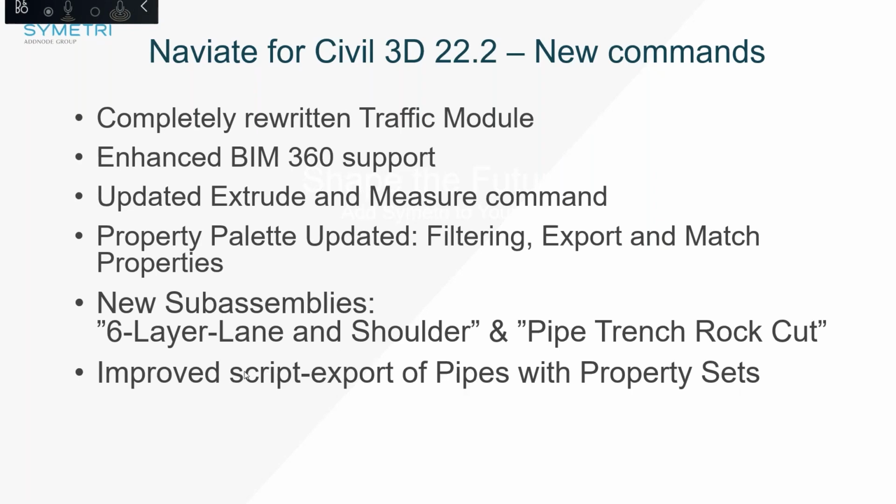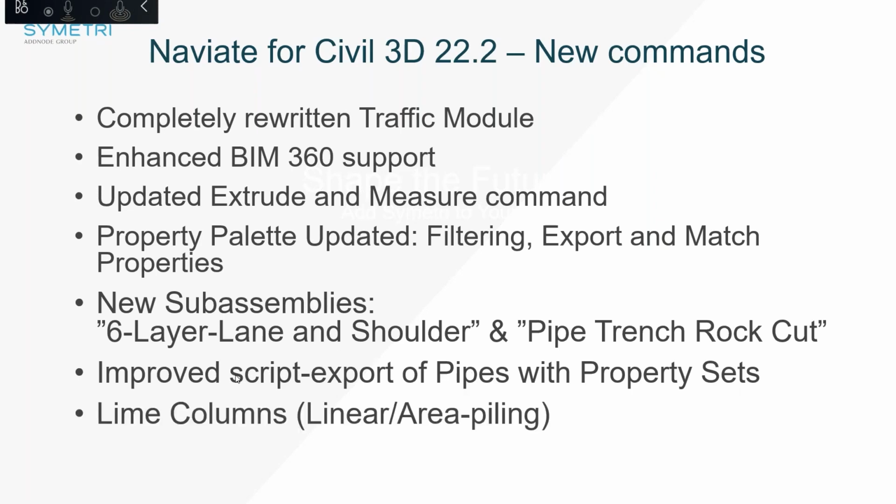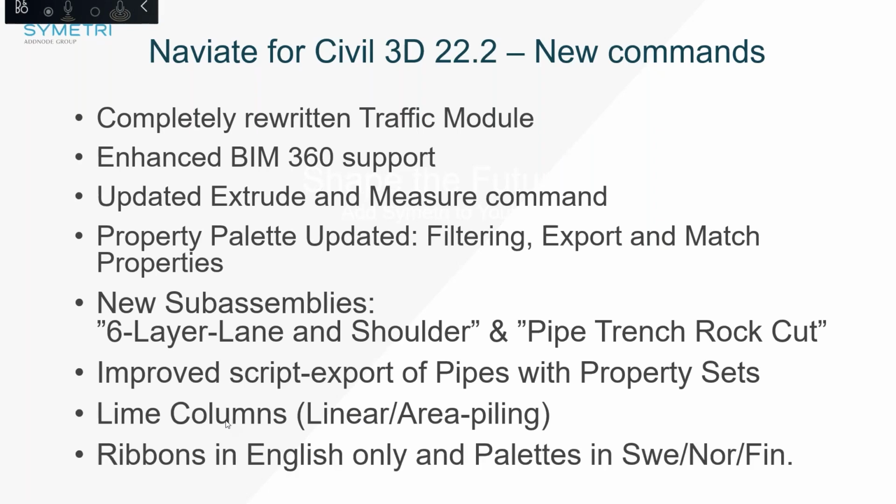Of course, not only pipe structures as well. Lime columns, we're going to show what that is. Some kind of linear or area piles. As in the previous version, we have ribbons in English only in this version, and palettes in local languages like Swedish, Norwegian, and Finnish.